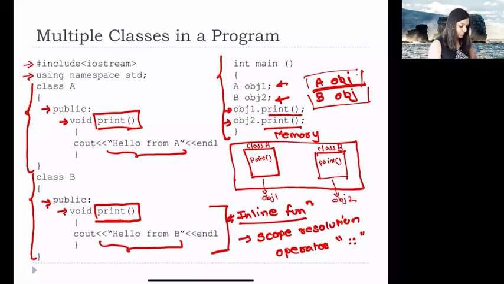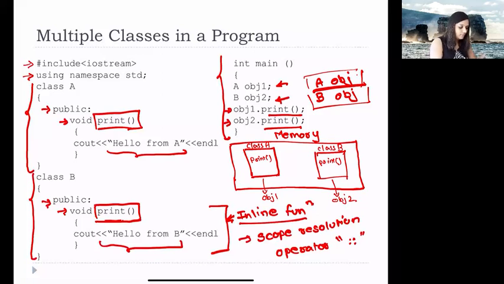To answer our first question, is it allowed to have two different classes in the same program with member functions of the same name? Yes, it's allowed. Why? Because as you see in this memory, the different classes, class A and class B, are located in different actual space.